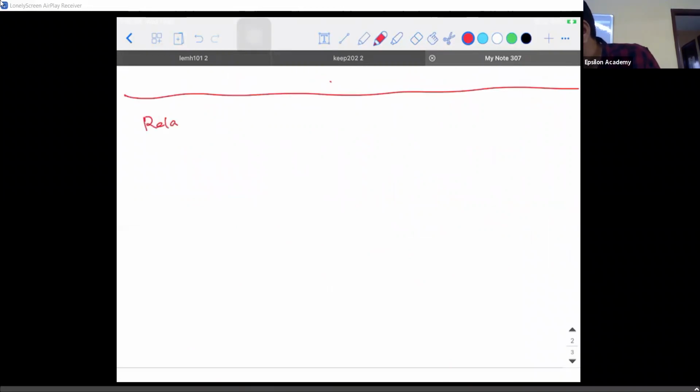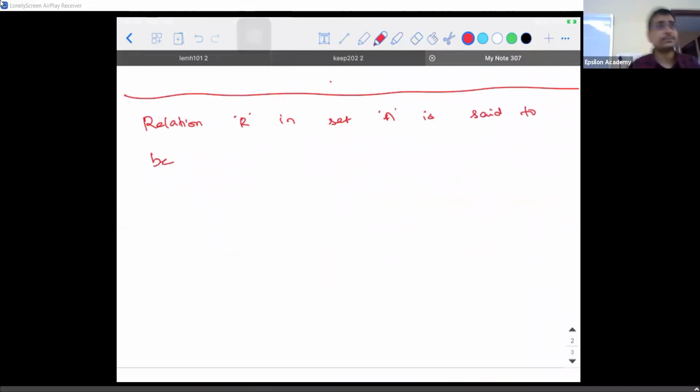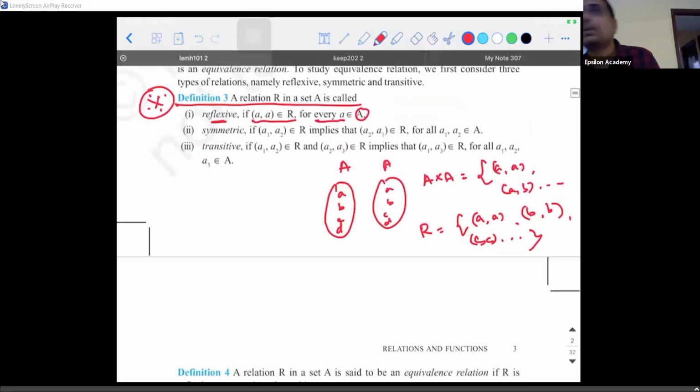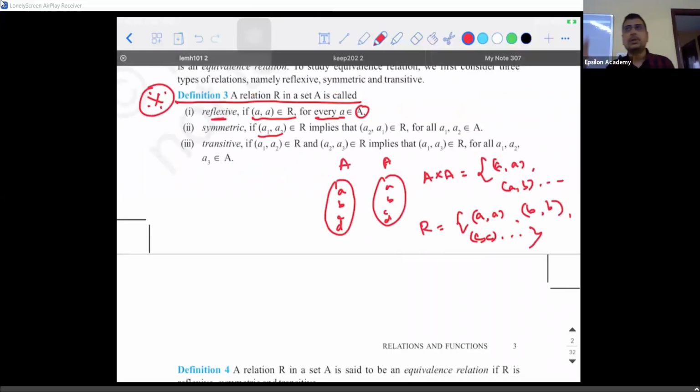The relation R in set A is said to be symmetric if, listen to this, if A1 comma A2 is an ordered pair belonging to the relation, implies that A2 comma A1 also belongs to R.